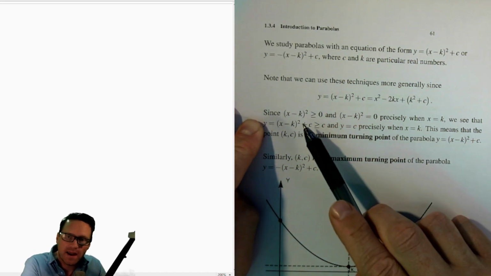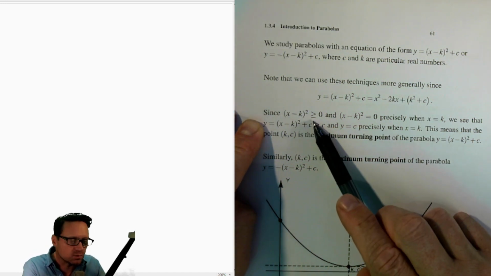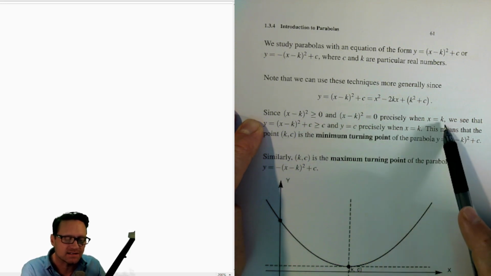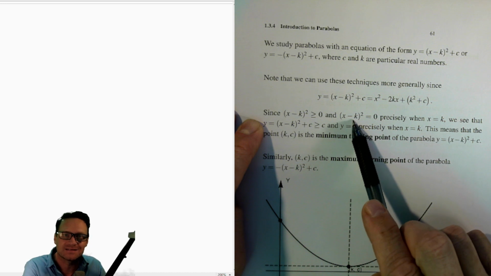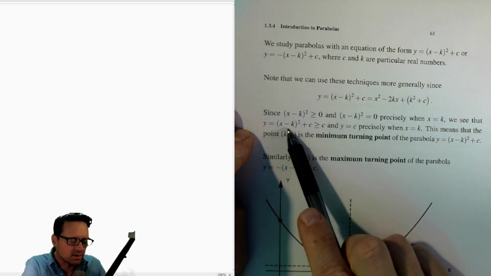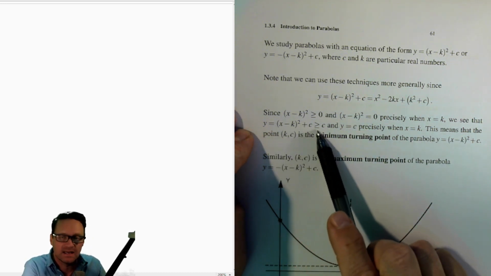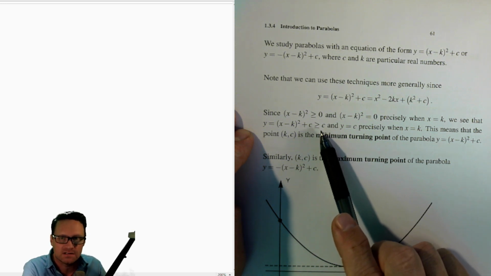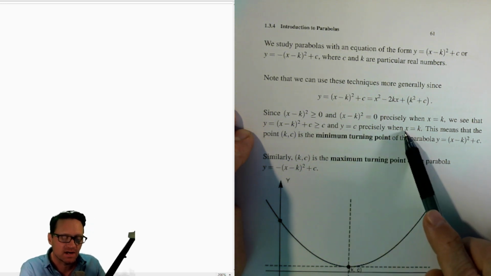Now, since squares are always greater than or equal to 0, and they're equal to 0 precisely when x is equal to k, because that is what makes this 0, we see that y equals (x minus k) squared plus c is always greater than or equal to c, and the lowest it can go is c. y is equal to c precisely when x is k.